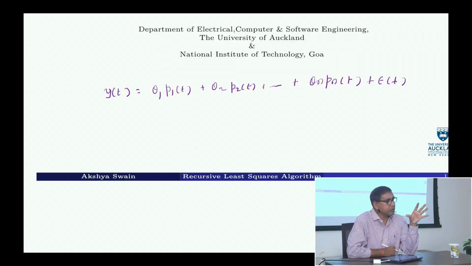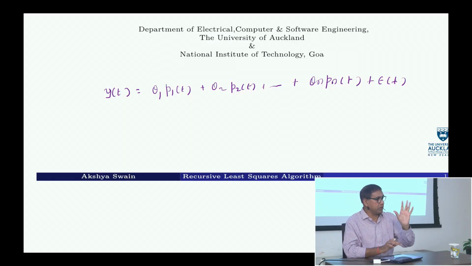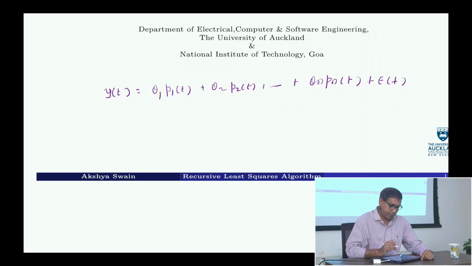Now what happens if the system is linear? Because you know these P1, P2 are y(k-1), y(k-2), u(k-1), u(k-2). That is understood. Linear systems.